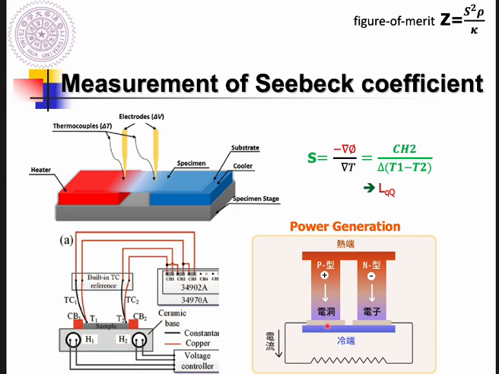So it's some kind of temperature gradient driving the major carrier to diffuse. And as long as the major carrier, which is holes, diffuses along this direction, then we have the higher electrical potential at the bottom.